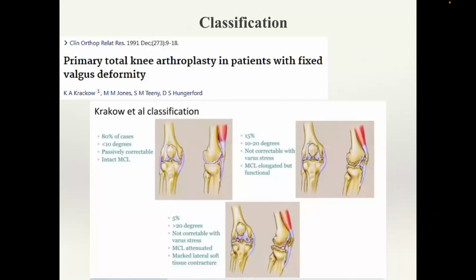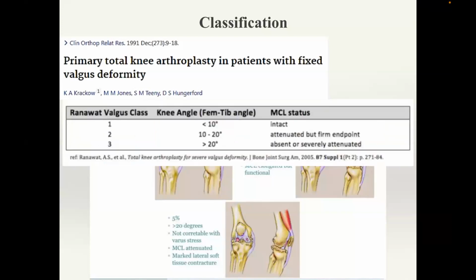Those patients will have intact MCL. 15% of patients will have 10 to 20 degrees of valgus, not correctable with varus stress; in those cases the MCL will be elongated but functional. 5% of patients have more than 20 degrees of valgus, not correctable with varus, and in those cases the MCL will be attenuated and more lateral soft tissue contracture will be seen.